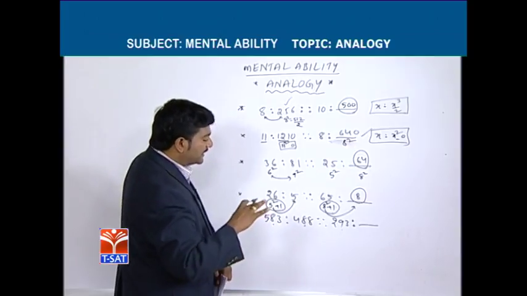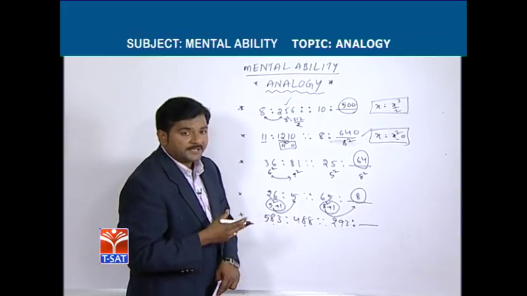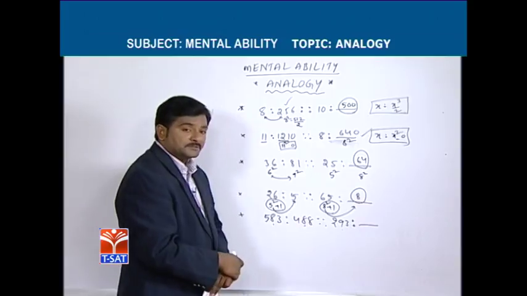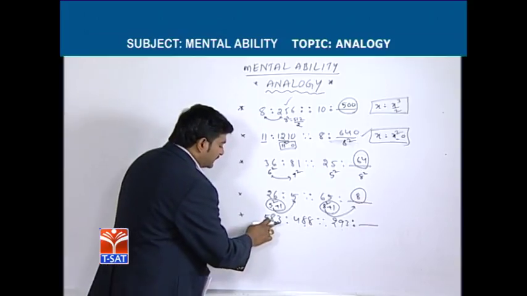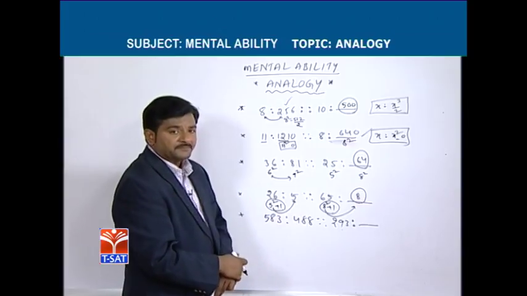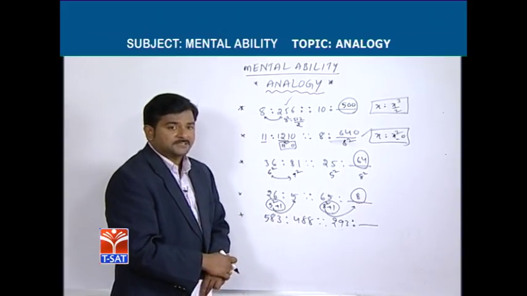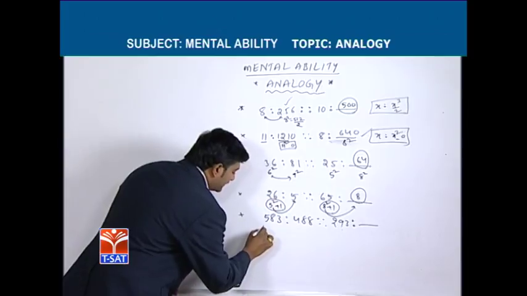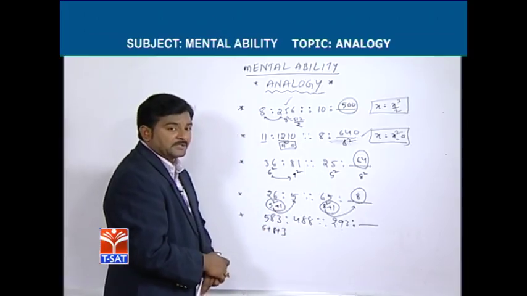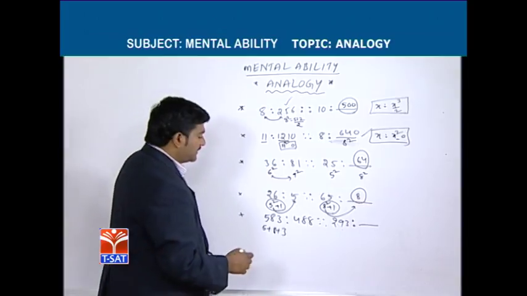If you didn't get any idea, now here is one more way of doing this question. Find out the sum of the digits in the given number. Here, 5 plus 8 plus 3, which gives 16.